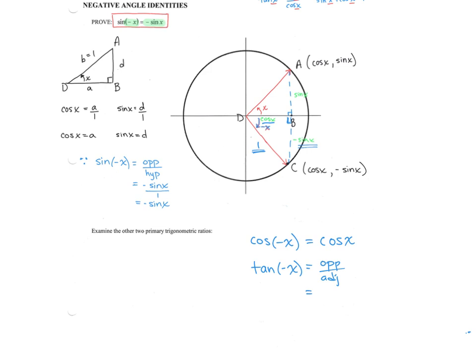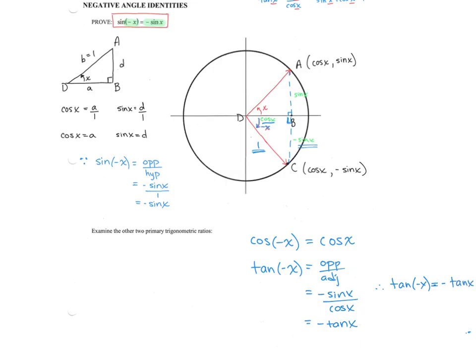Our opposite side is negative sine x. Our adjacent side is cos x. And that's just your quotient ratio from last year. Sine x over cos x gives us tan x, and we have a negative tan x. So we therefore know that tan of negative x is equal to a negative tan x.